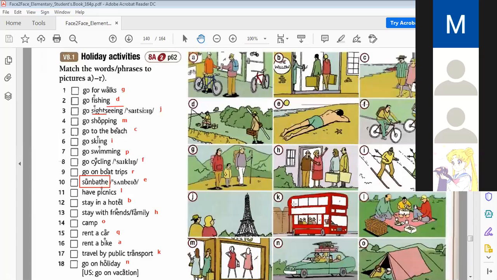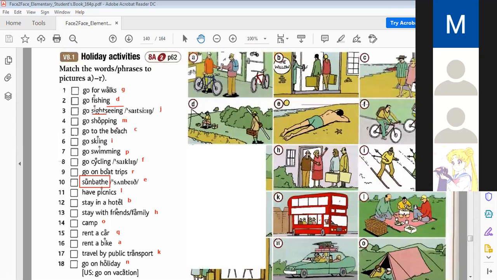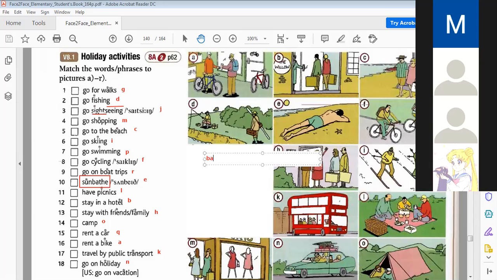This is the noun. So a bath, take a bath, have a bath. The bathroom. This is a noun. But what's the verb of bath? The verb is bathe. Bathe.